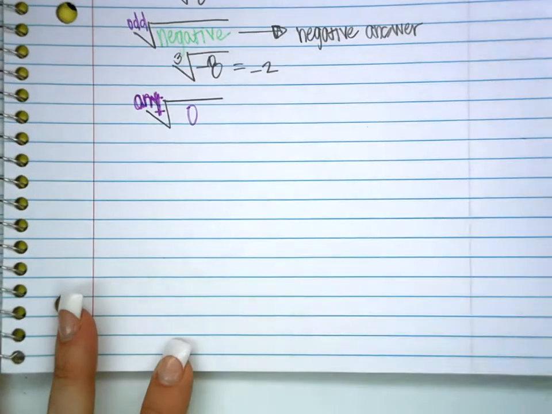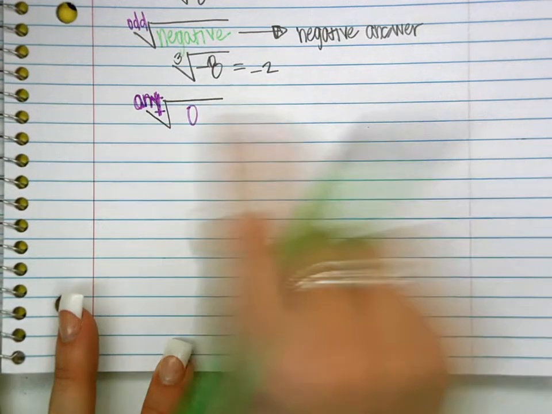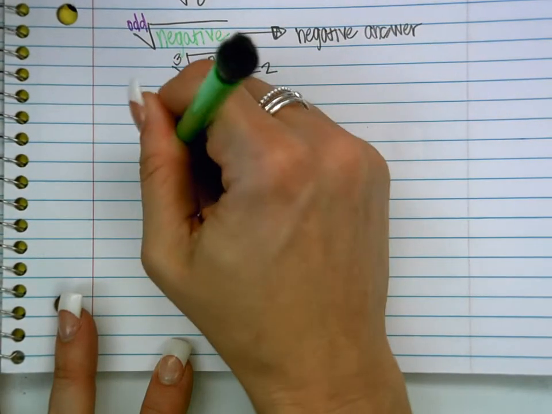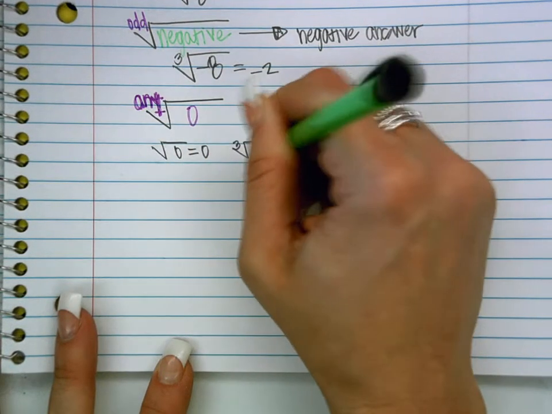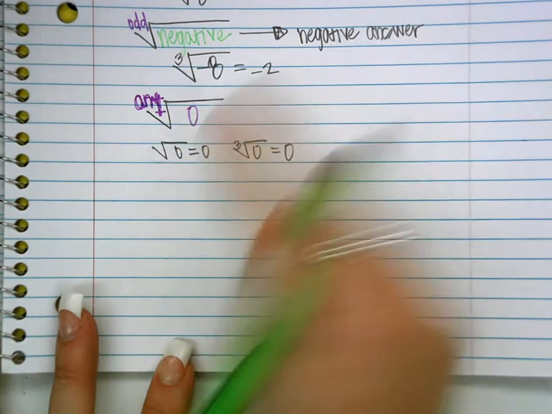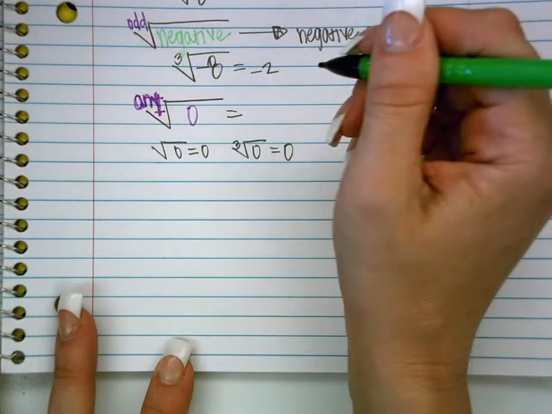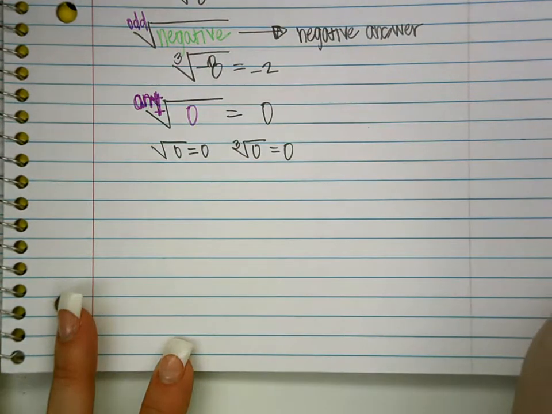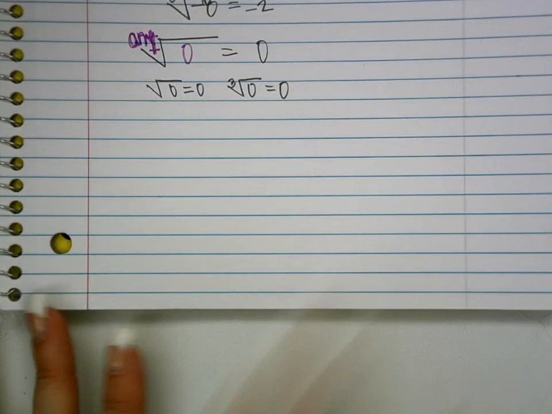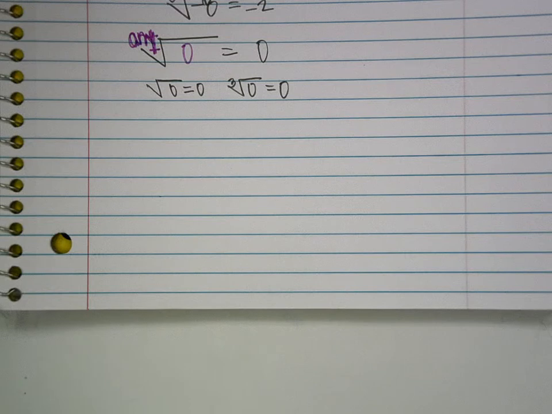What's the square root of 0? 0. What's the cube root of 0? 0. So any root of 0 is going to be 0, no matter what. It does not matter if it's odd or even.